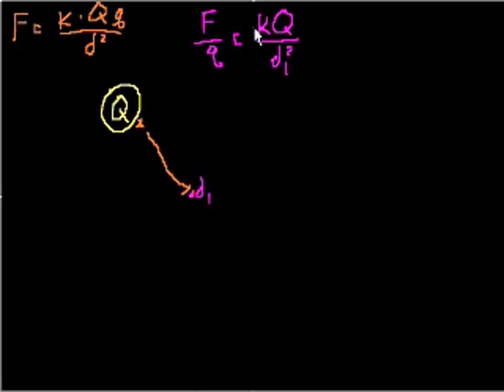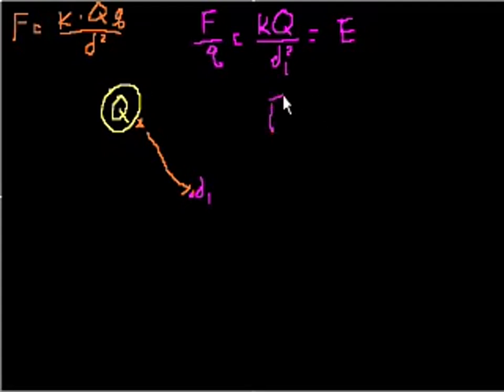And this is the definition of the electric field. Actually, this is the electric field at the point d1. If we wanted a more general definition, we'll just make this a general variable. So instead of a particular distance, we'll define the field for all distances away from the charge.